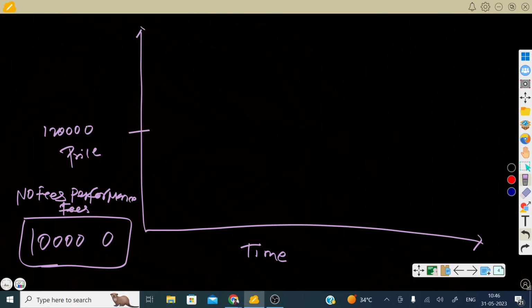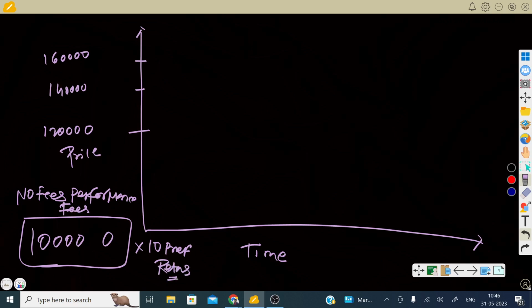1,20,000, 1,40,000. Let's assume in a private equity, what happens? The fund manager commits a 10% preferred return.